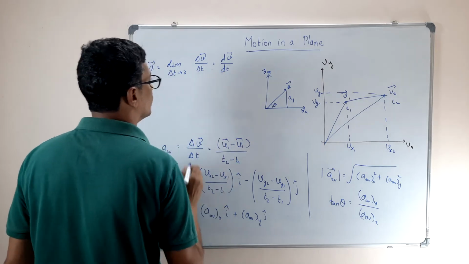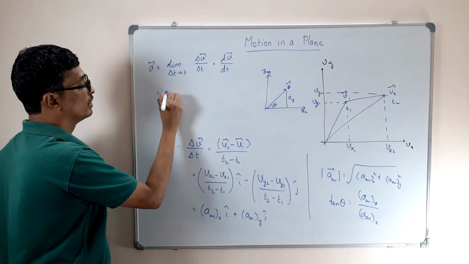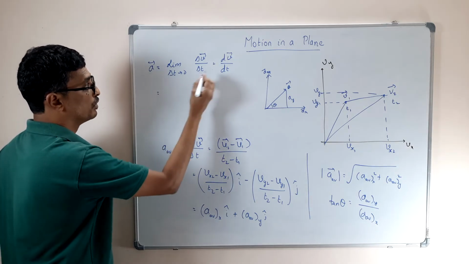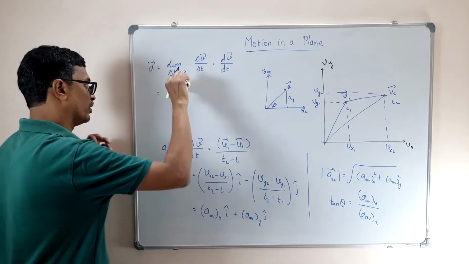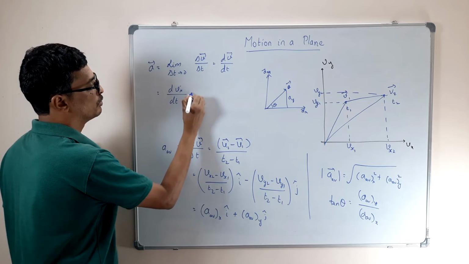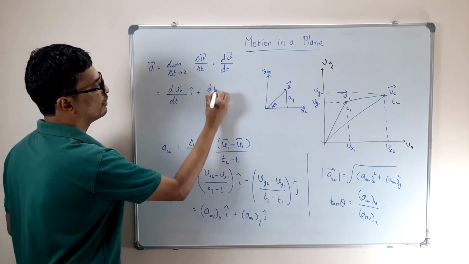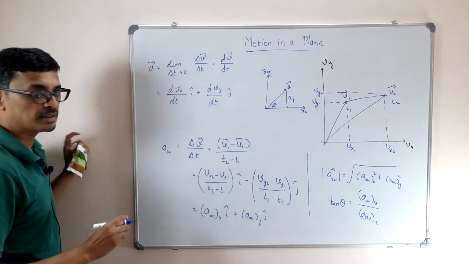This again you can resolve. You remember how? dV vector will be dVx by dt i cap plus dVy by dt j cap. Basically that's how you resolve.